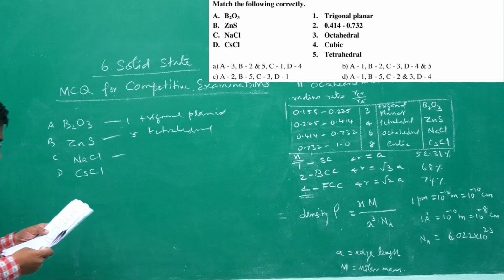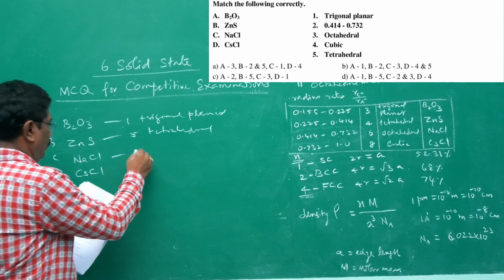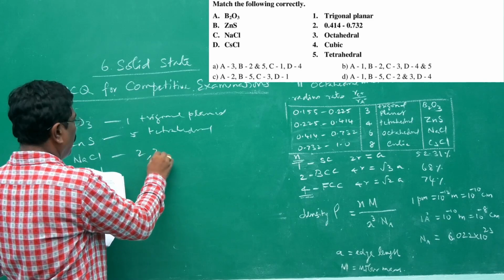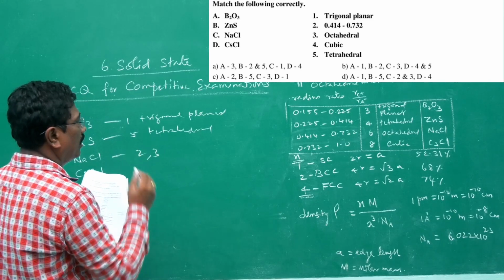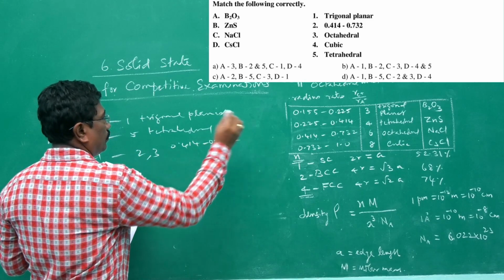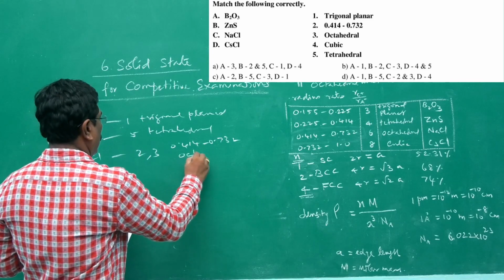For sodium chloride, it may be octahedral, 6, or the value. Octahedral is given, and the value is also given. So the value is given in option 2 and octahedral is given in option 3. Therefore, both are correct. 0.414, 0.732, and then octahedral. That is also correct.